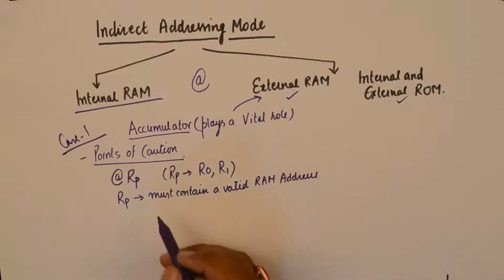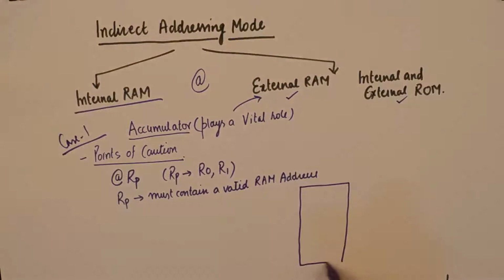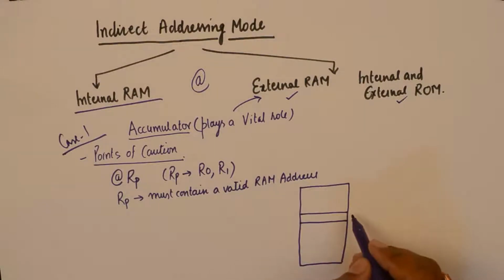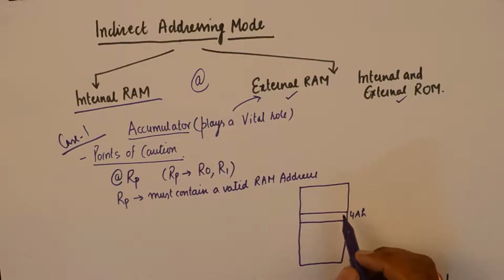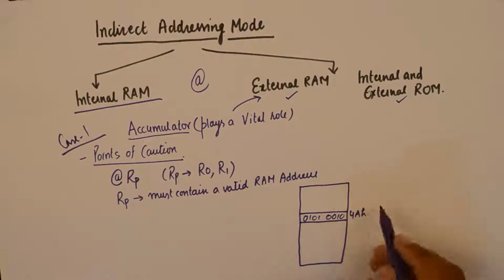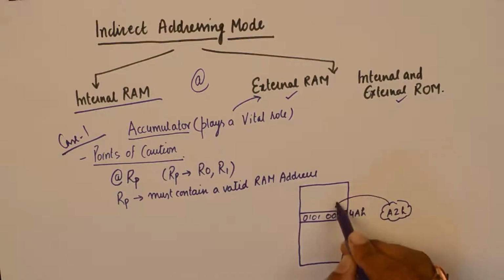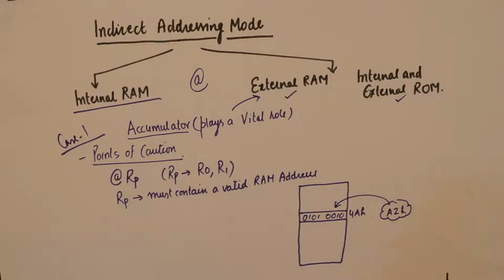Now I'll give you a case here. Let us say we have a register 4A in the RAM, which is a valid register, and the contents of 4A register are some random content, for example 01010010, which is 52H. So 52H is the content in 4A register.